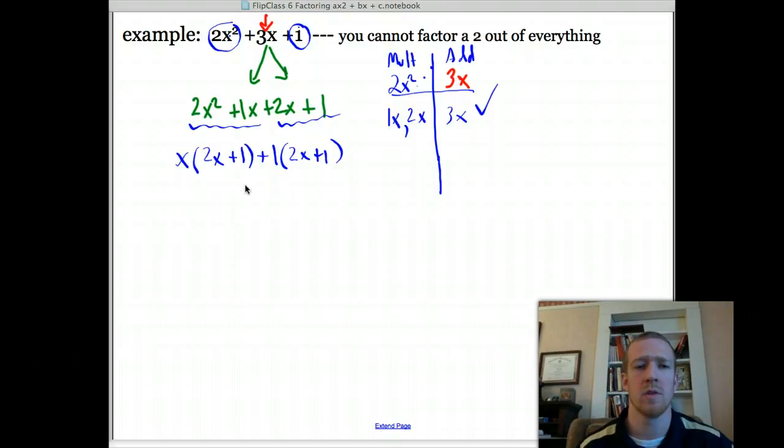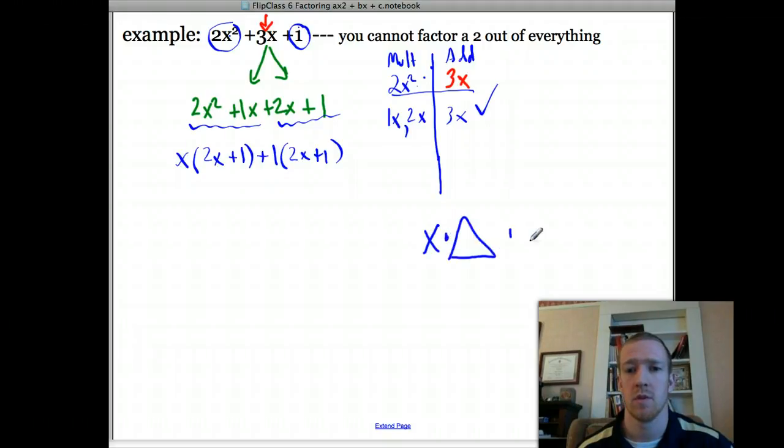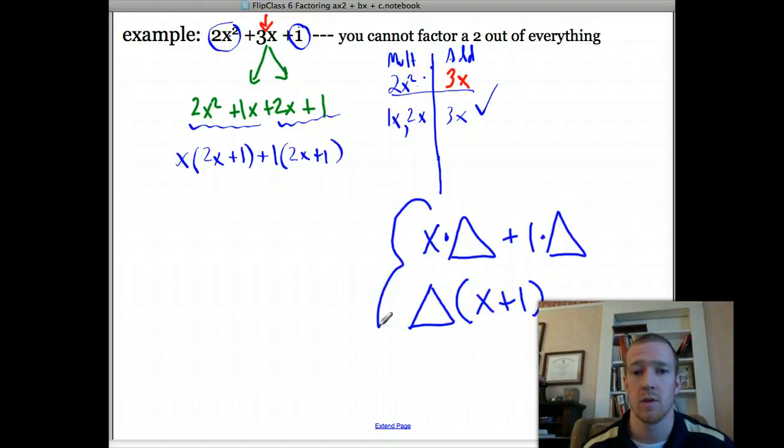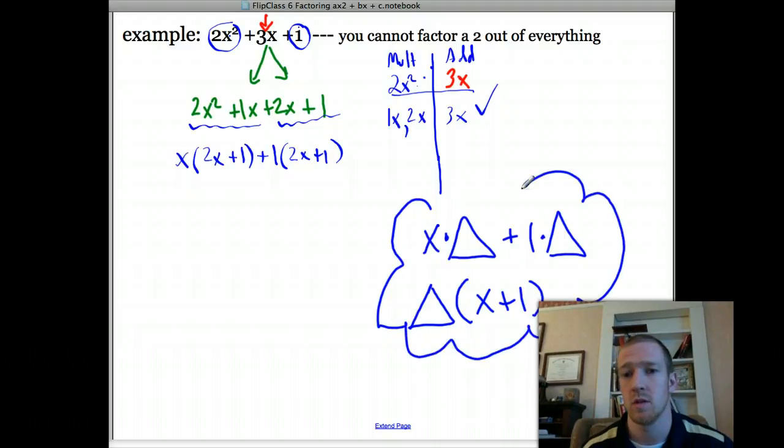Okay, so to exemplify what we're doing here, imagine if I had an x times something. I don't know what it could be, anything. X times an x times a 1, x times anything. Plus a 1 times something. Well, the GCF here is just this triangle. That's what's being multiplied by both, so I can divide it out from both. So that's just kind of the idea here, right?